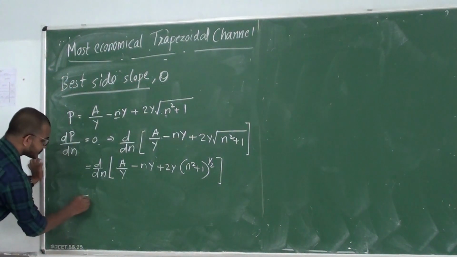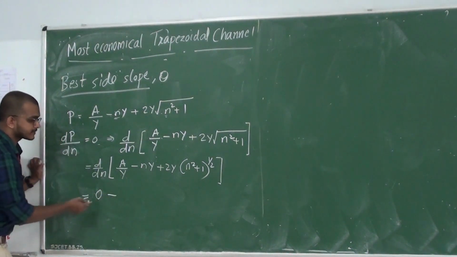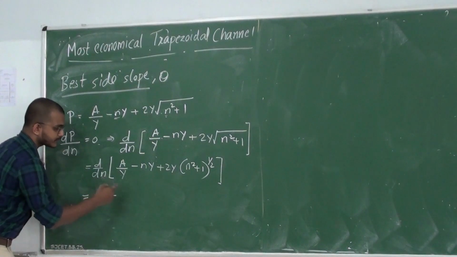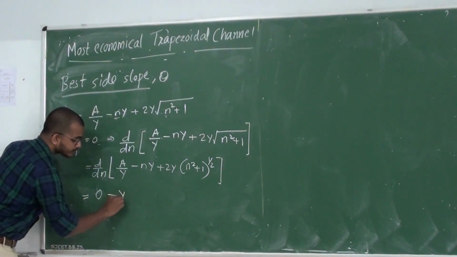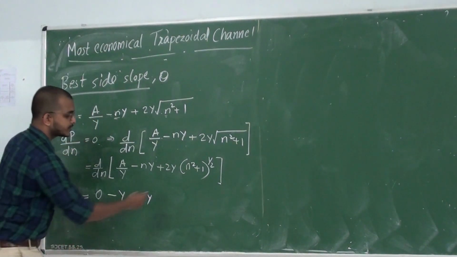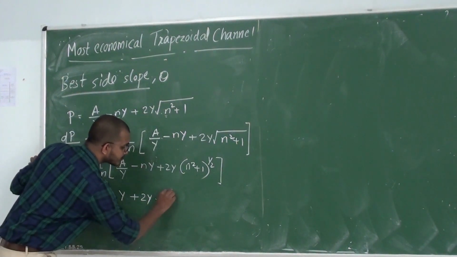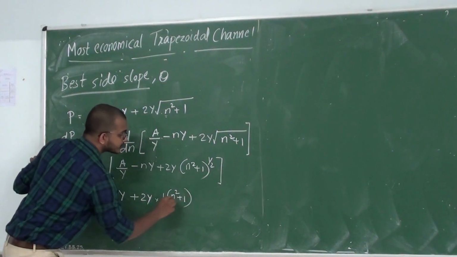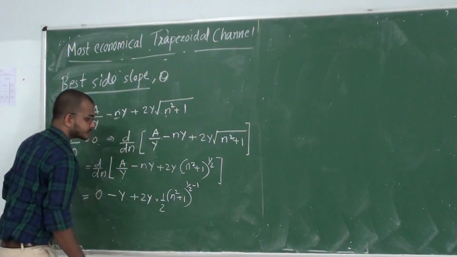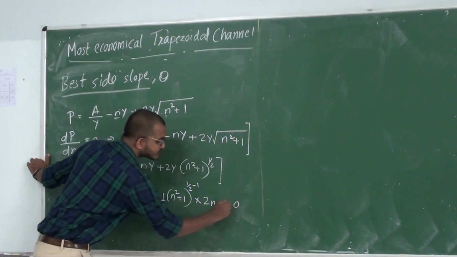If we differentiate A by y with respect to n, that is 0. Differentiating minus ny gives minus y. Plus 2y into 1 by 2 into n square plus 1 to the power 1 by 2 minus 1, into 2n, equal to 0.